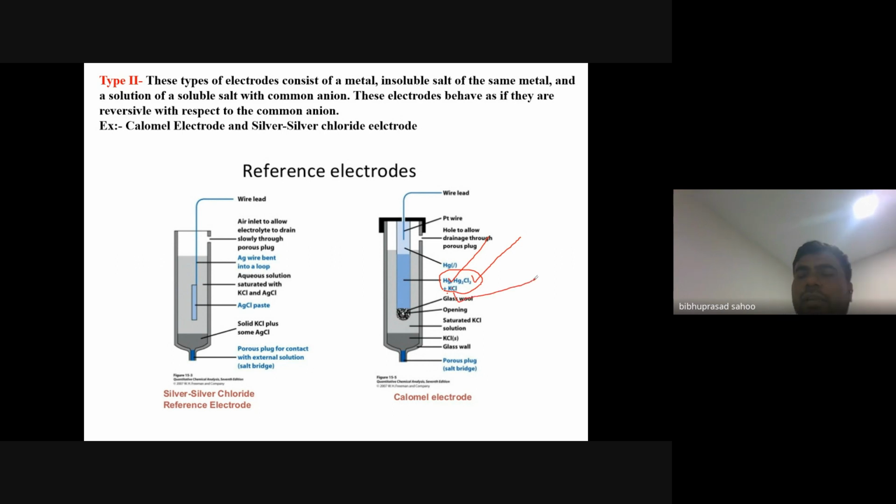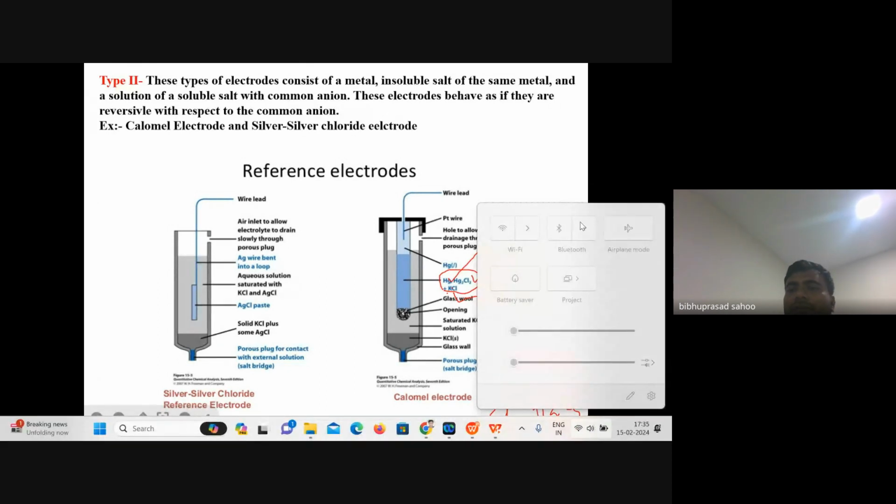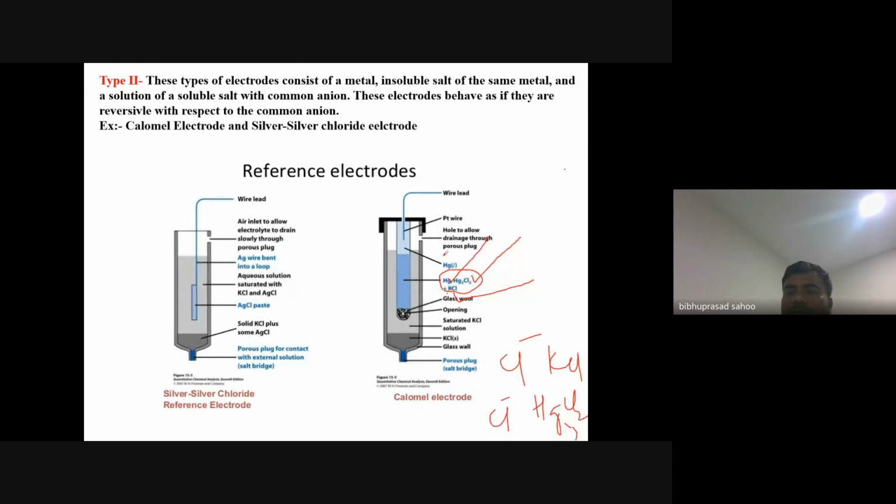So what is the common anion? Cl minus in KCl and Cl minus in Hg2Cl2. Both are common, students. See, Hg2Cl2 is an electrolyte which is very weak and water insoluble, and KCl is a strong electrolyte which is water soluble.